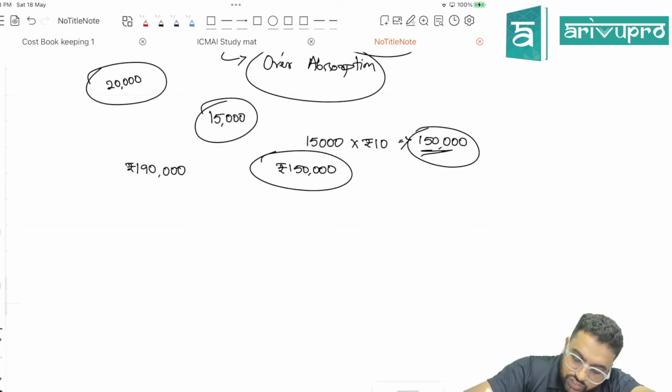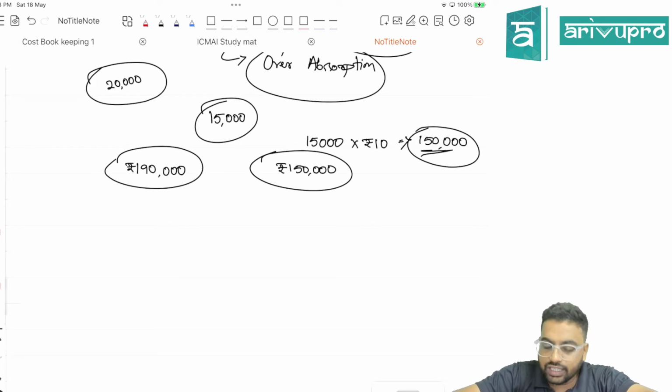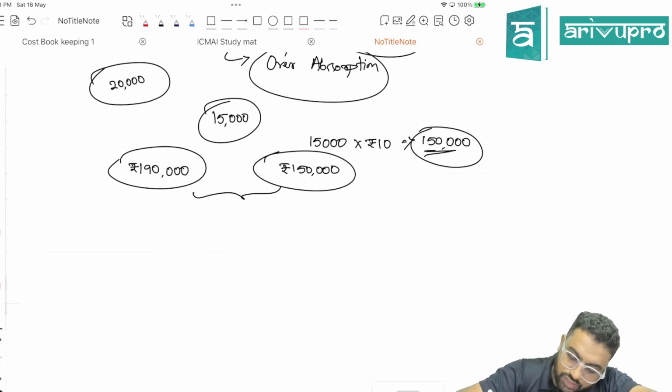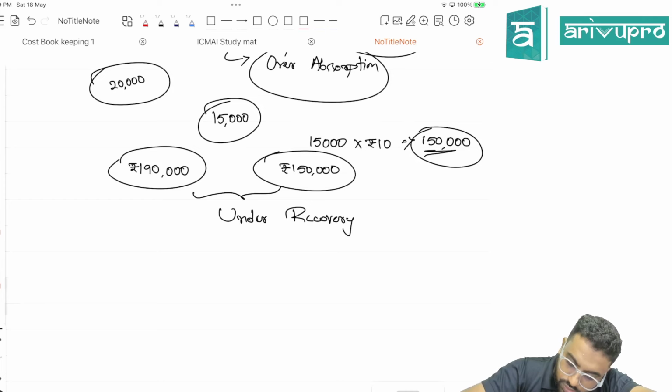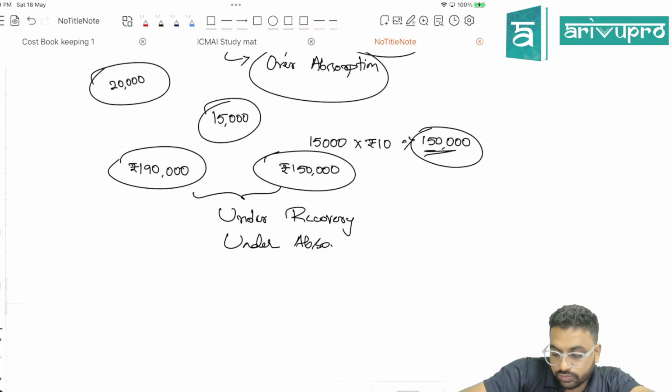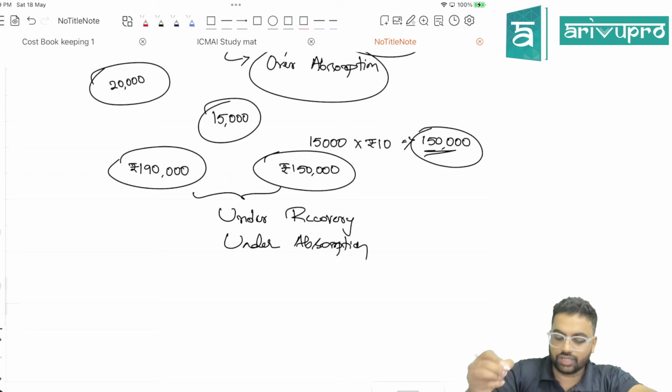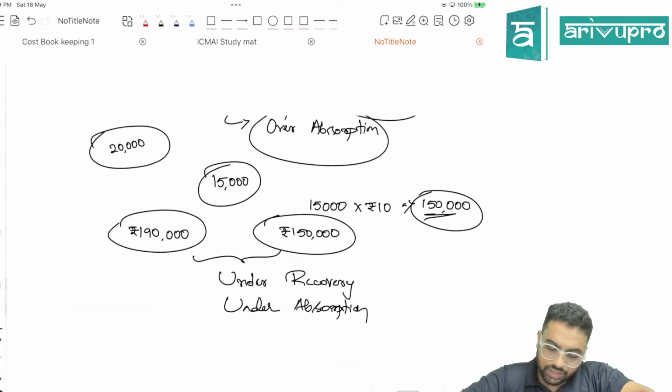So what is the moral of the story? Actual 190, recovered 150. This we call under recovery, or under absorption.